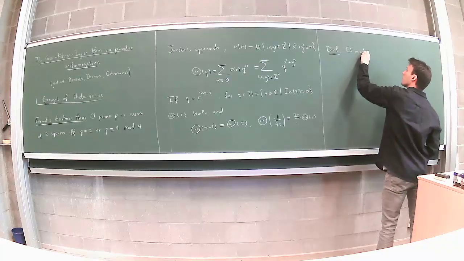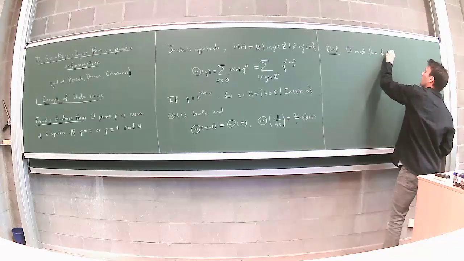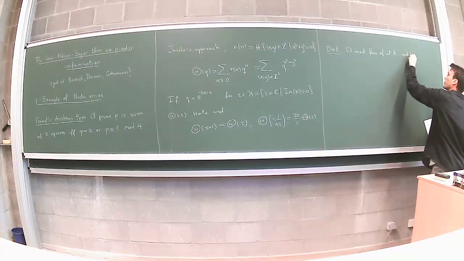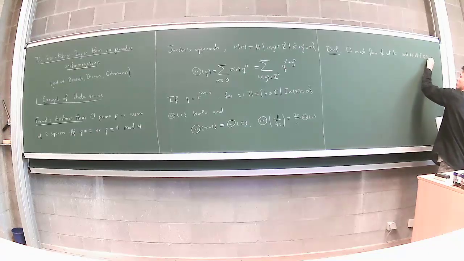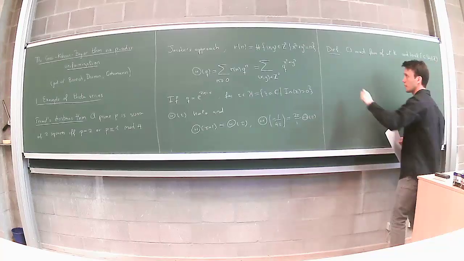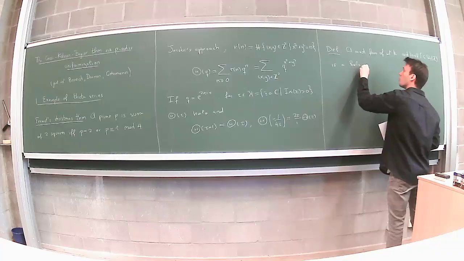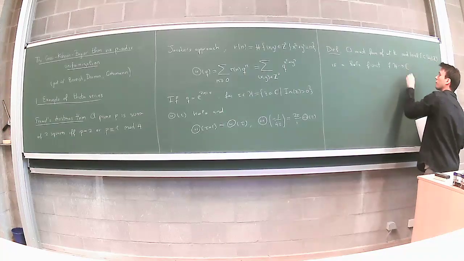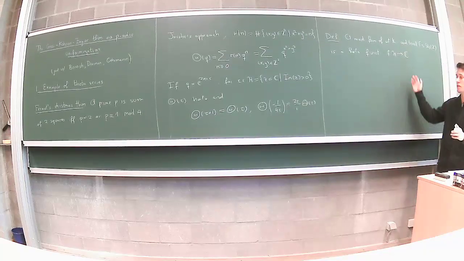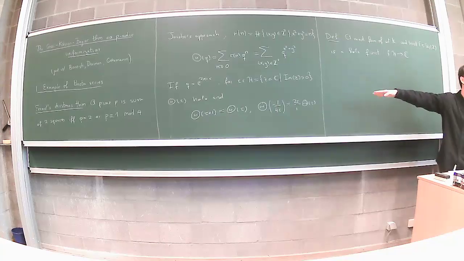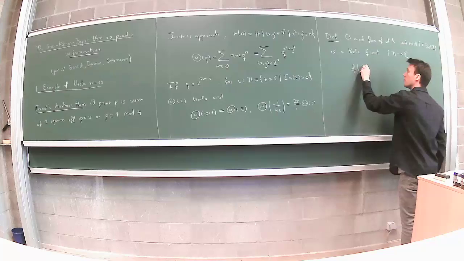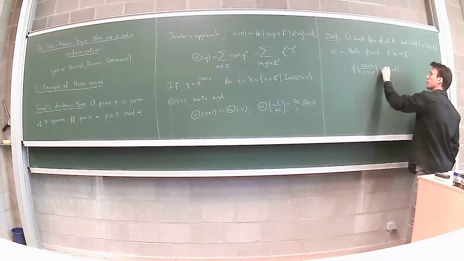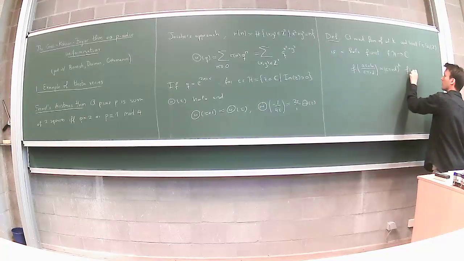So a modular form of weight k, where k is an integer or half an integer, and level gamma, a subgroup of SL_2(Z), is a holomorphic function from the upper half plane to the complex numbers that satisfies certain growth conditions, which I will not write down, but that it satisfies a symmetry of this sort, which is that f of (a tau plus b) divided by (c tau plus d) is equal to (c tau plus d) to the k times f of tau.